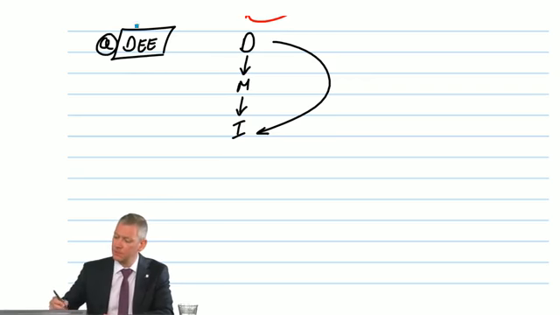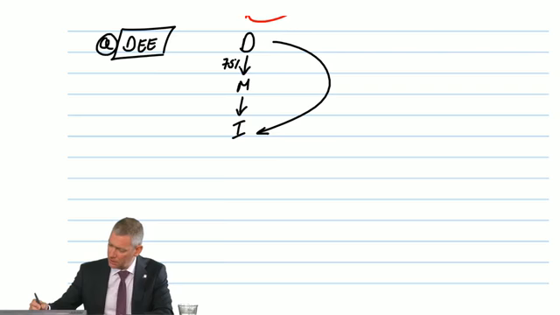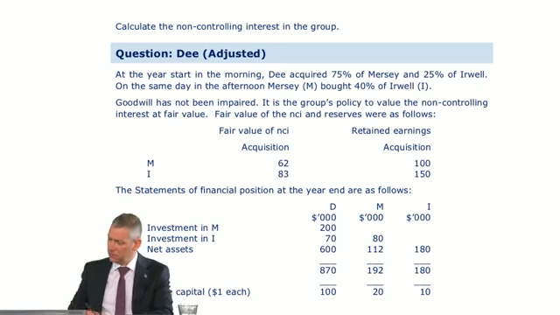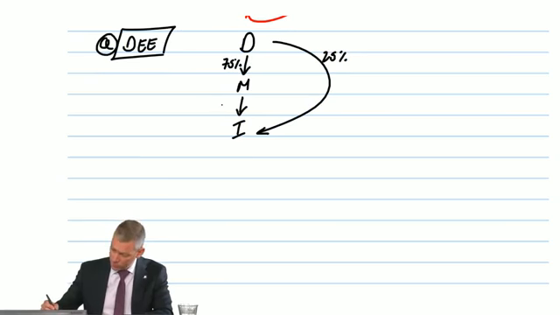So we get 75% and 25%. On the same day, in the afternoon, Mersey bought 40% of Irwell. Mersey bought 40%.